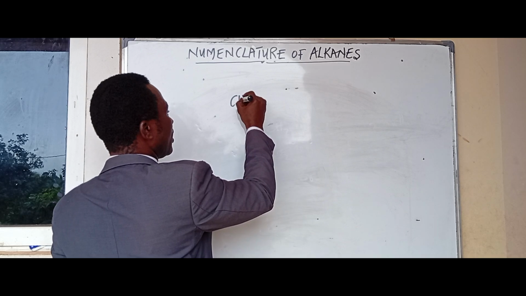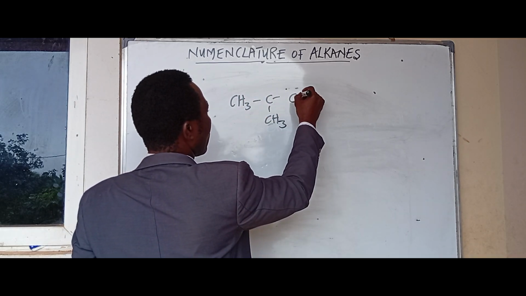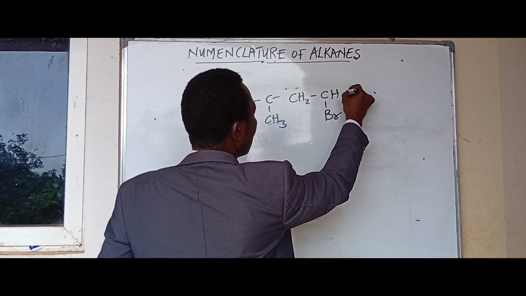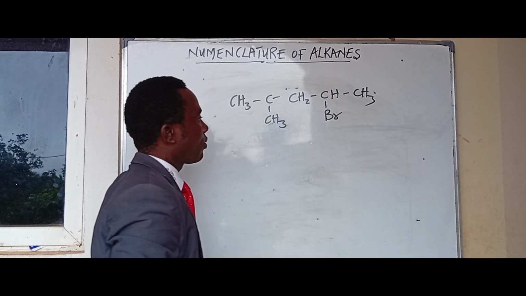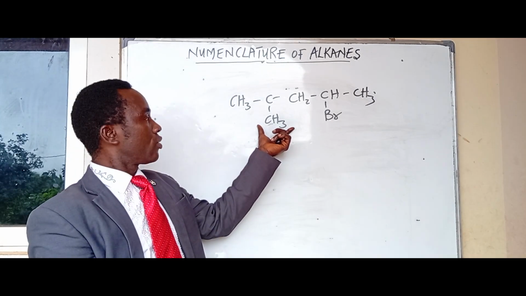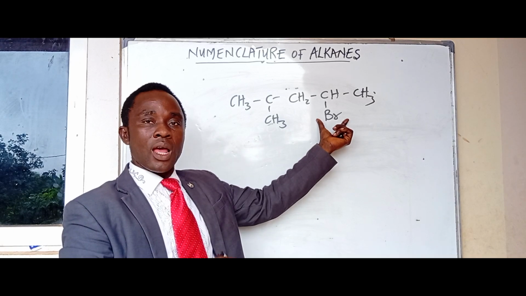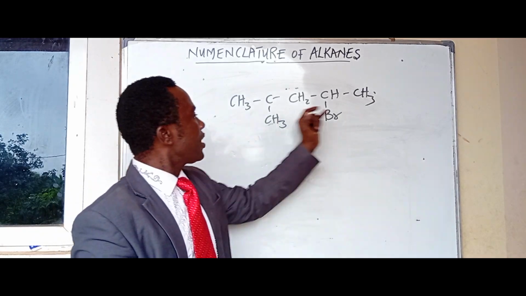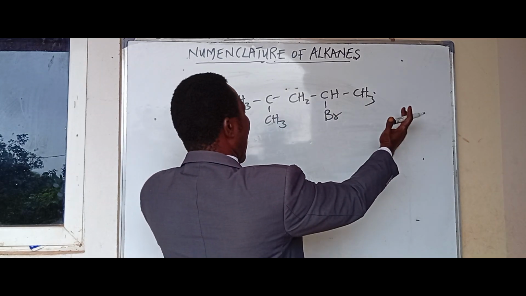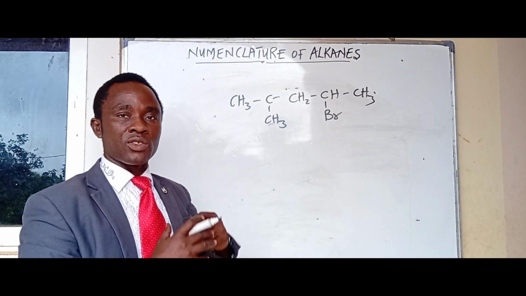Let me say we have CH3, CH3, then CH2, CHBr, then CH3. Now, you see that when you number from here, the first substituent is at number 2. When you number from here, the first substituent is also at number 2. So from either end of the carbons, the substituent is at the same position, which is number 2.